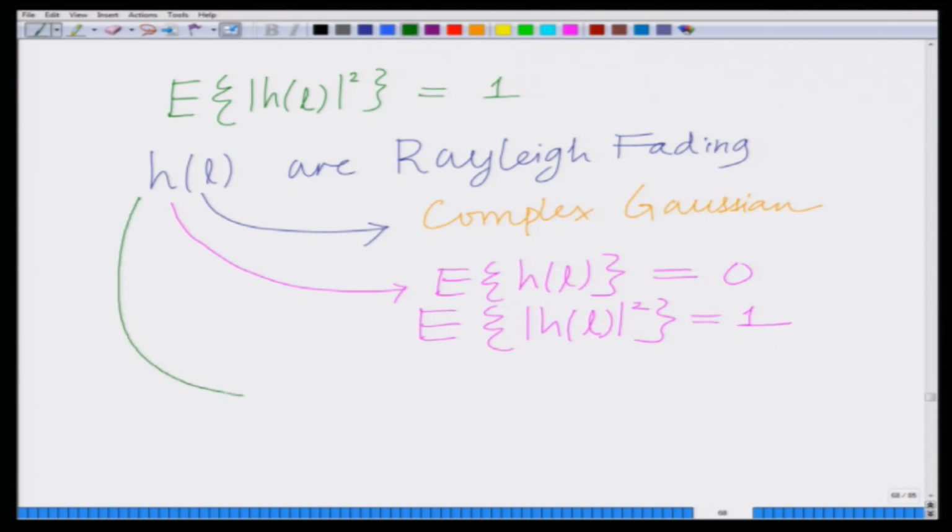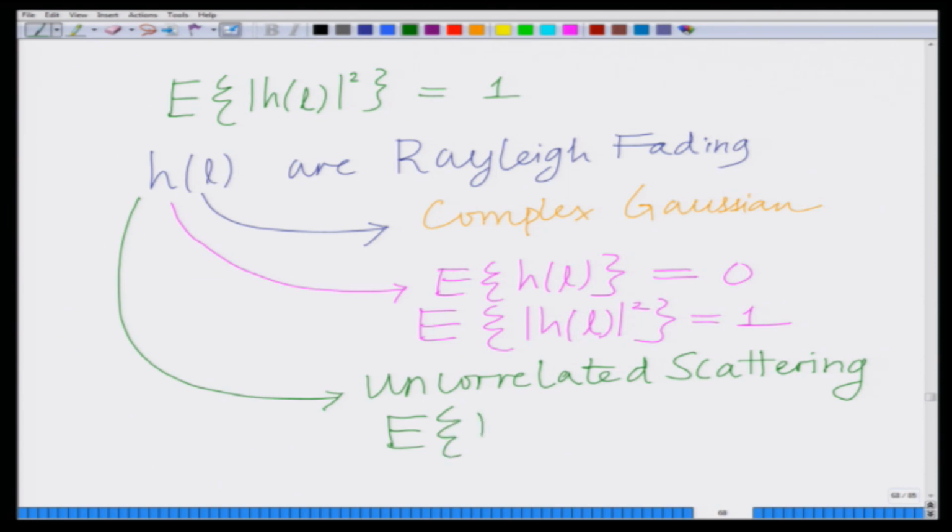And also we are assuming uncorrelated scattering, which means the expected value of h l times h conjugate l tilde is equal to 0 when l is not equal to l tilde.